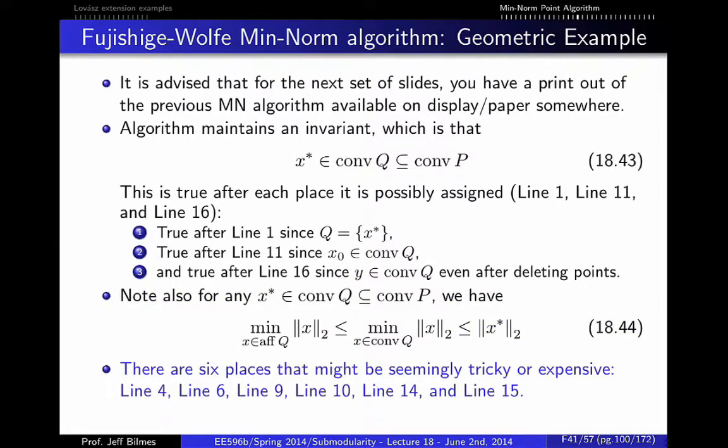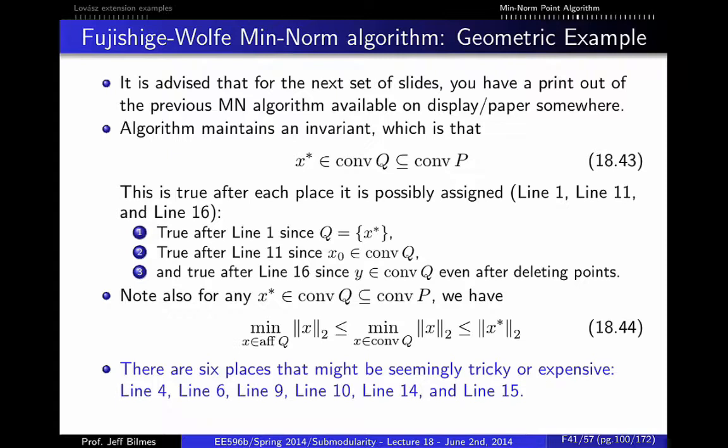Now, the algorithm, hopefully you've had a chance to look over it a little bit. And I think everything is pretty straightforward except for the following 6 spots. Line 4: how do we find if h of x star, remember h is the hyperplane that's orthogonal to the vector x star and contains x star, separates P from the origin?